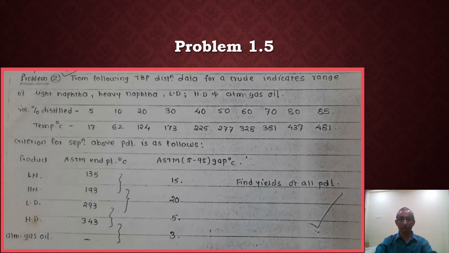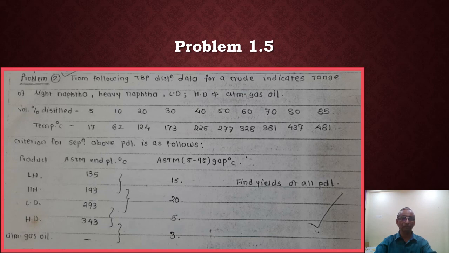We know that above 350 or 400 degrees centigrade there is cracking, but these temperatures were identified by applying vacuum and then corrected to atmospheric. That's why in the crude oil you are distilled up to 85%, and the temperature obtained is 481. When we study atmospheric distillation, we say we can operate the distillation column up to 350 or 400 degrees centigrade.